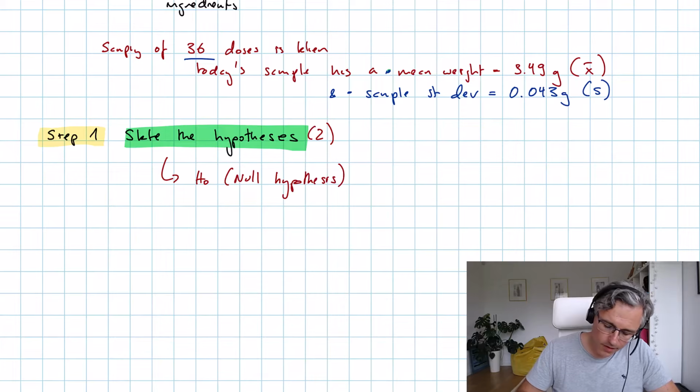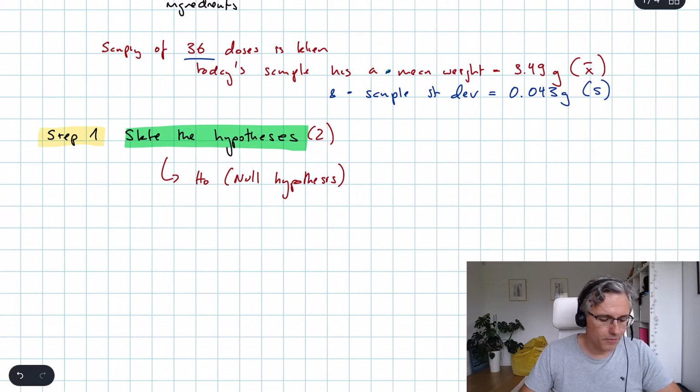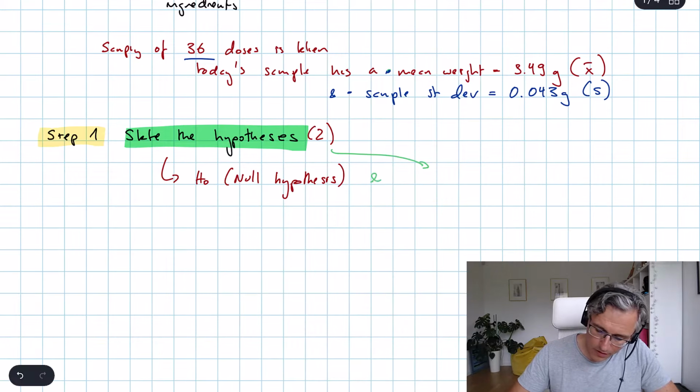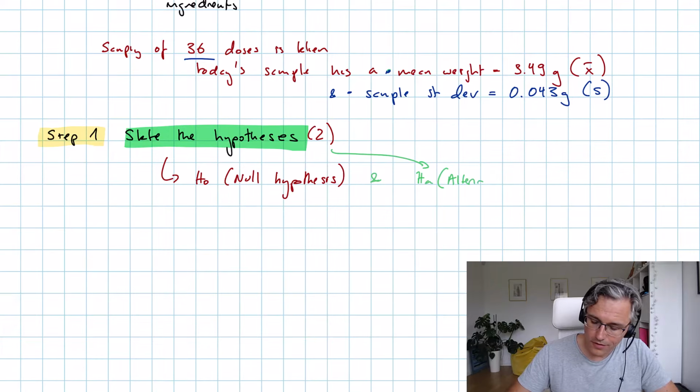And there's going to be another one, which we call HA, that's known as the alternative hypothesis. So, HA, the alternative, hence the A, hypothesis.